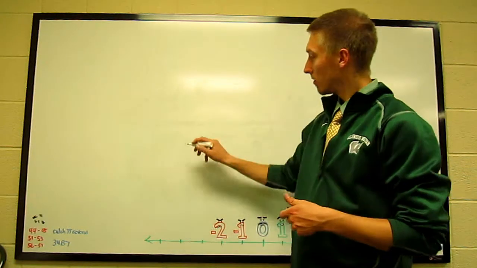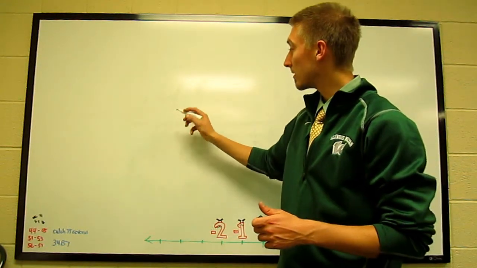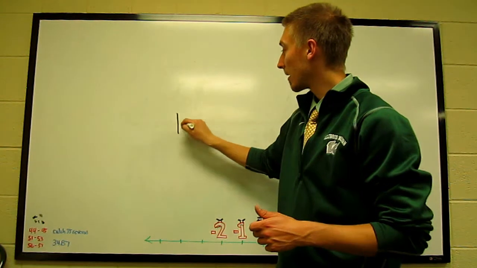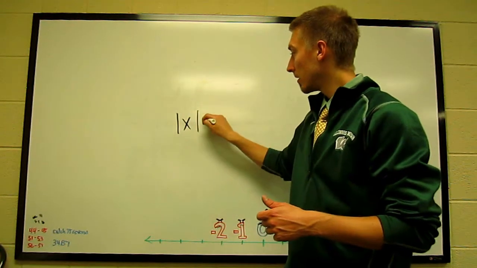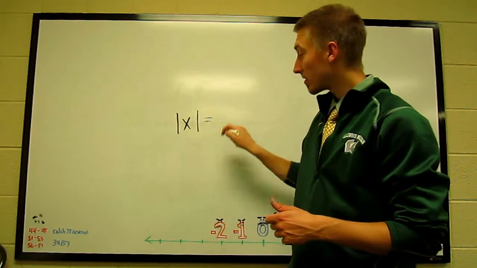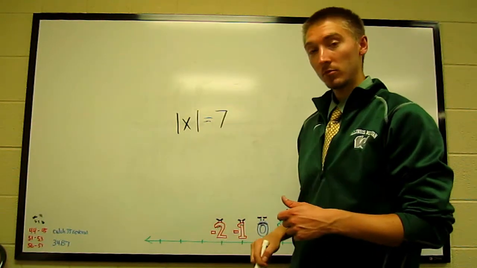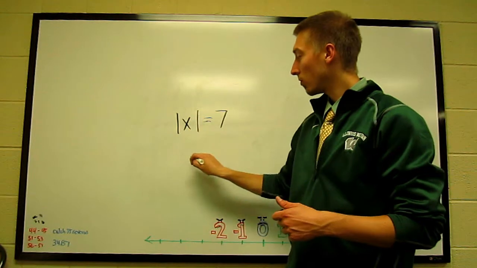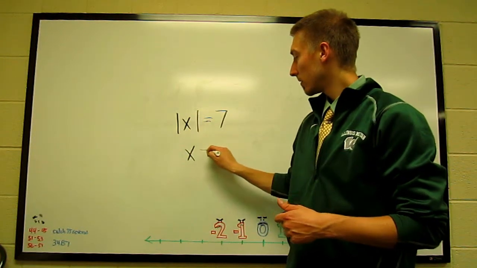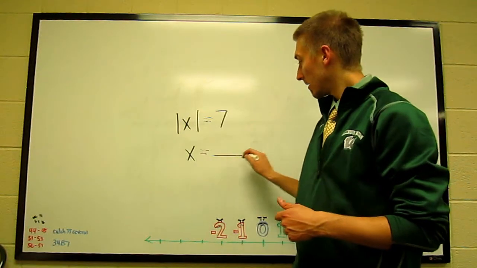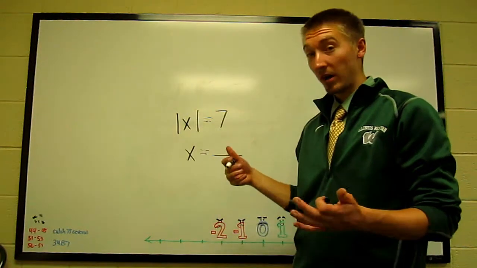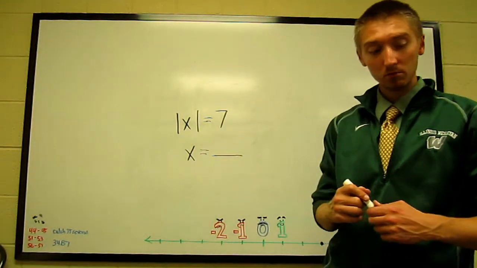And in math books, you will see this question asked as the absolute value of some number, x, we don't know what it is, having a distance from 0 of 7. Okay? So we need to know what x will equal. Okay? So I'm going to let you guys think about that for a second. And it possibly might even be 2 answers.